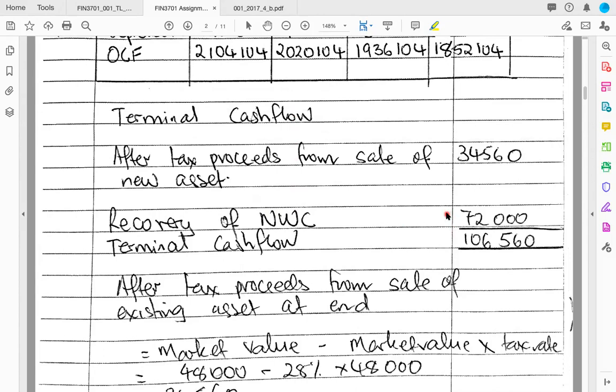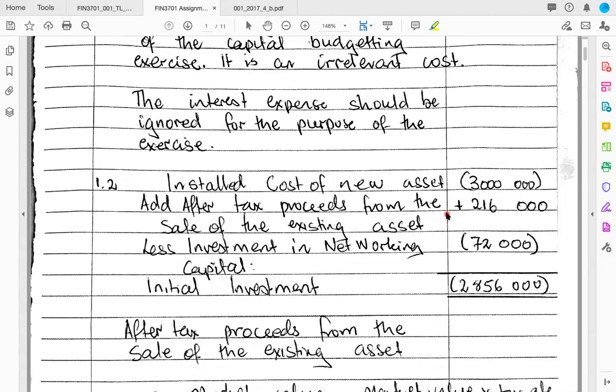It means that, let's say we had a gain in net working capital at the beginning of the project. Let's say it wasn't minus 72, but it was plus 72 because we had a negative change in net working capital. Let's say we had a negative 72 here, right?